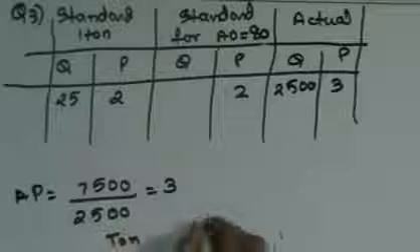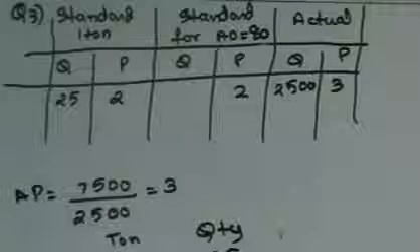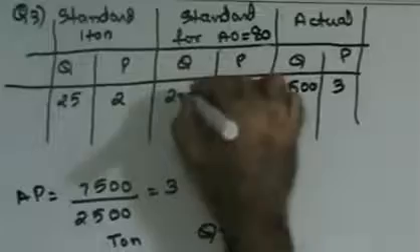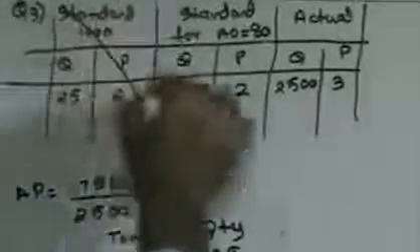For 1 ton I require 25 units, so for 80 tons how much do I require? Same thing: 80 into 25 by 1. 25 8s are 200, so 2000 units. Once you have actual output, the first standard has to be cancelled.